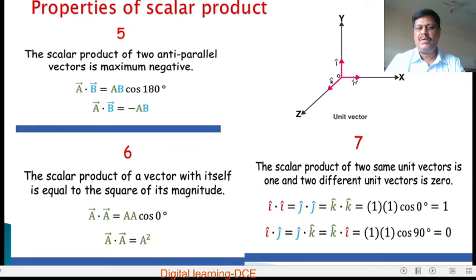Therefore, the angle between i and j is 90 degrees. Similarly, the angle between j and k is 90 degrees, and the angle between k and i is also 90 degrees. So the angle theta between different unit vectors is 90 degrees. Cos 90 is 0, and 0 into anything is 0. Therefore, i dot j is equal to j dot k is equal to k dot i is equal to 0. That means the scalar product of two different unit vectors is always 0.